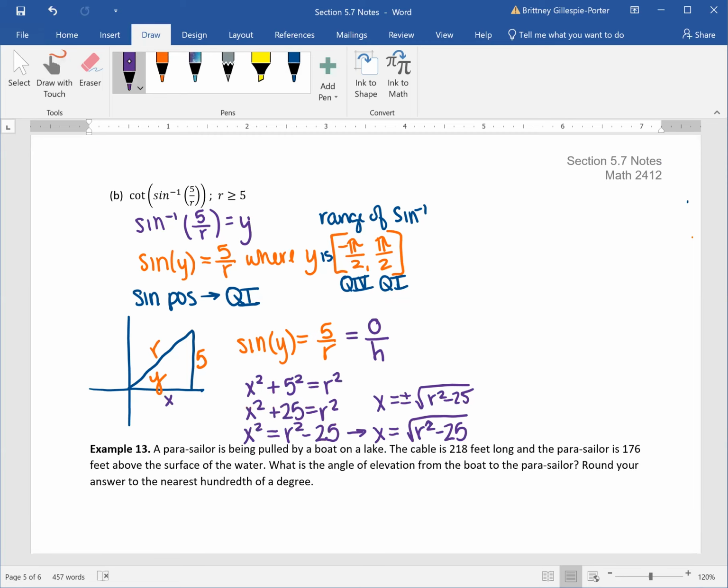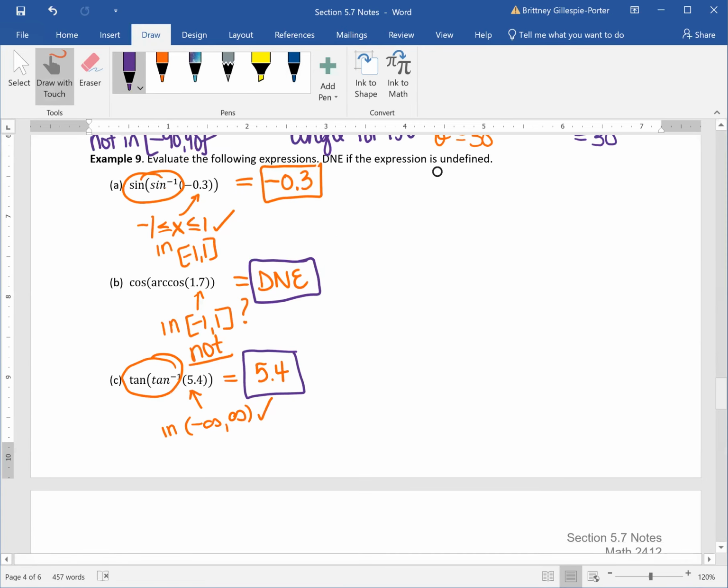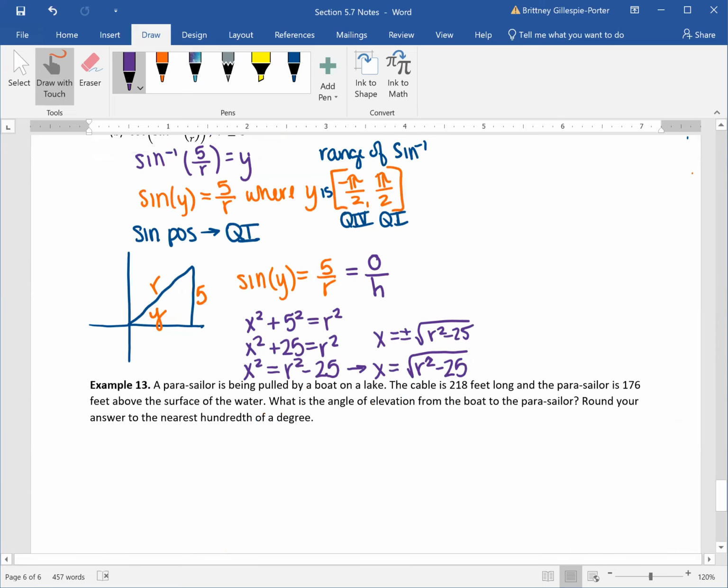If we were in quadrant 2 or quadrant 3, we would have taken the negative. Okay, so I'm going to relabel my triangle real quick. Technical issue. Give me a second. So the bottom is now the square root of r squared minus 25.